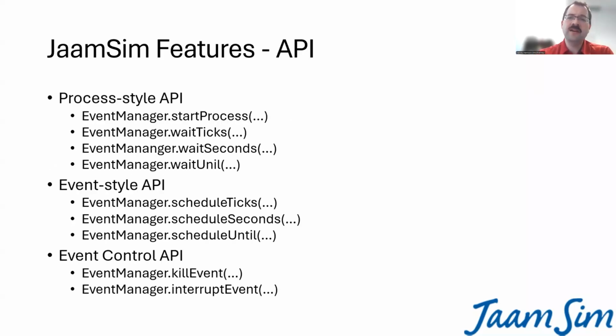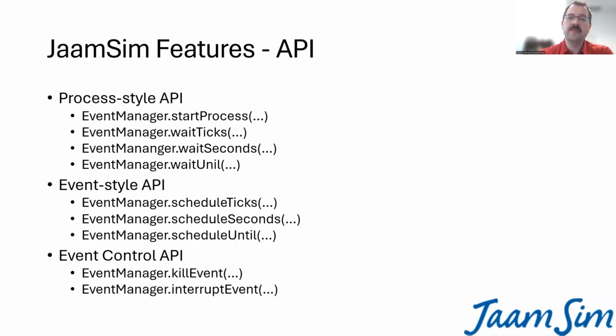Most of the API is pretty consistent in that generally all of the process style API is start process and then waiting. So to actually start that new execution thread, you'll start process with some target, and that will run until it exits, and you can wait within that process to schedule it to resume later on.